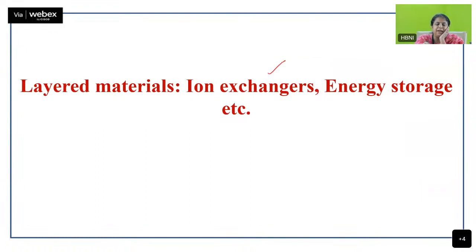You would have heard about ion exchangers. Now these are classes of material which have various applications. They are used as sorbents for purifying water. They are used in our nuclear industry for taking up harmful fission products, which are strontium, cesium, and then these materials take up the harmful product.